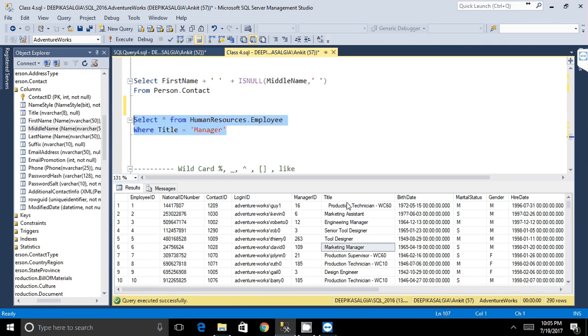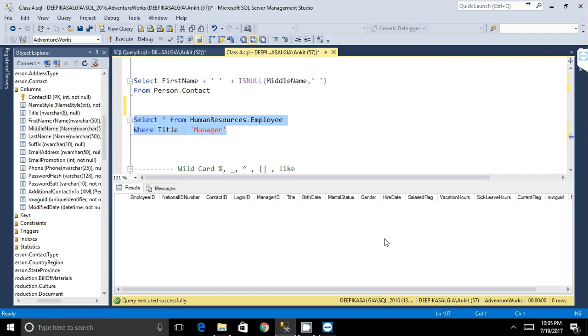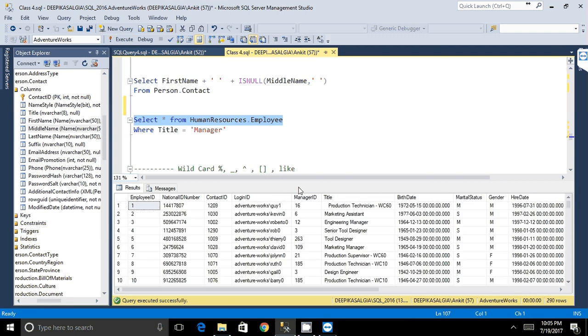Let's run the query. It will not give me the design manager. It will not give me the senior, whatever the manager is. It's not giving me engineering manager. It's not giving me marketing manager. What it does is look for whether the title exactly matches. It has to exactly match in order to get this result.